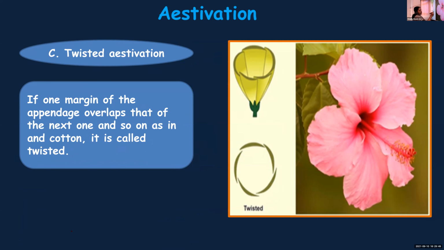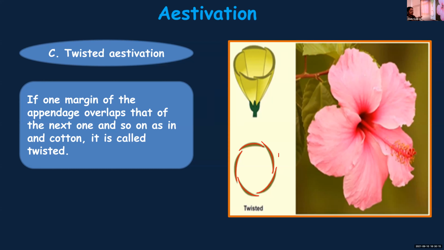Take the case of the first one. One margin is overlapping the other, only one margin. For each floral appendage, only one margin is overlapping the other. Can you see? One margin is overlapping the other floral appendage, whereas the other margin is being overlapped by the other floral appendage.